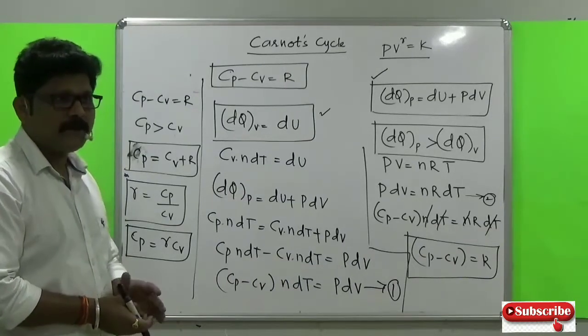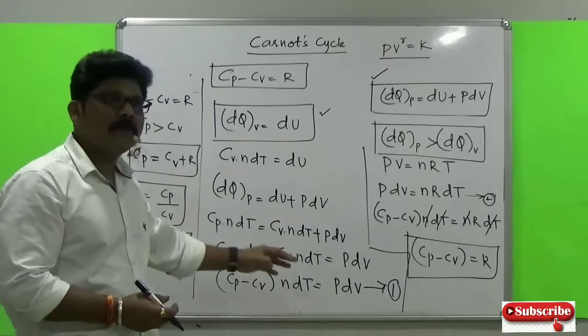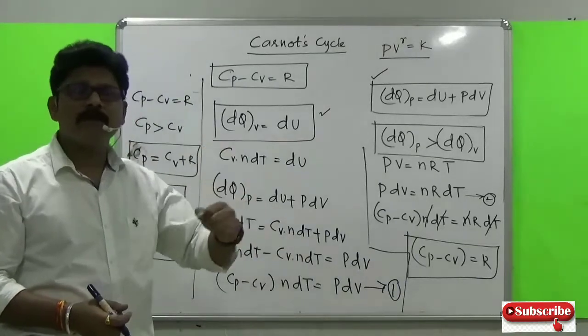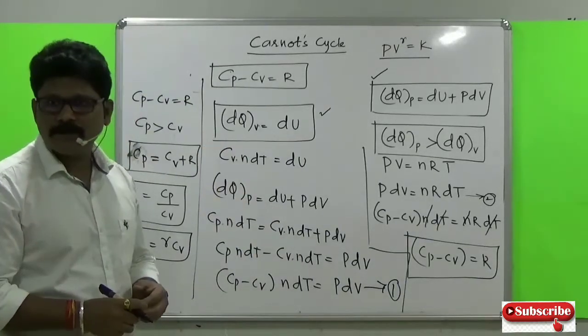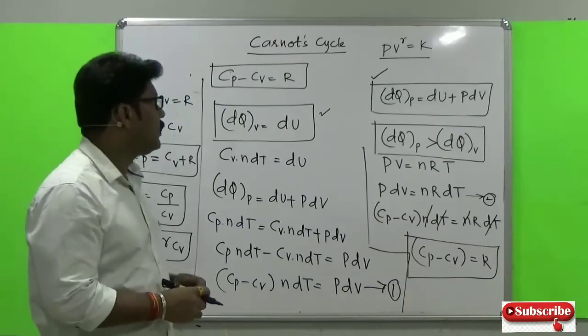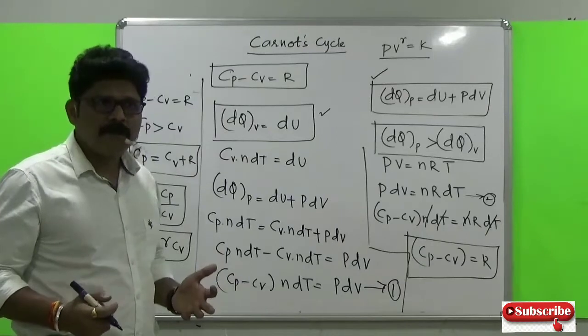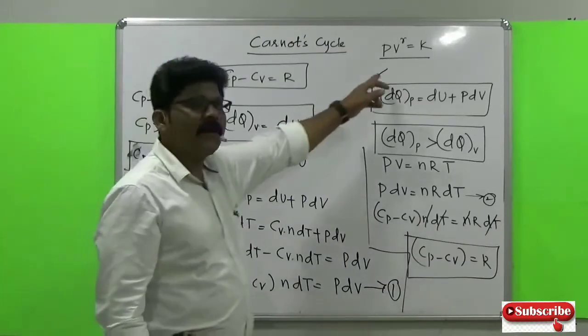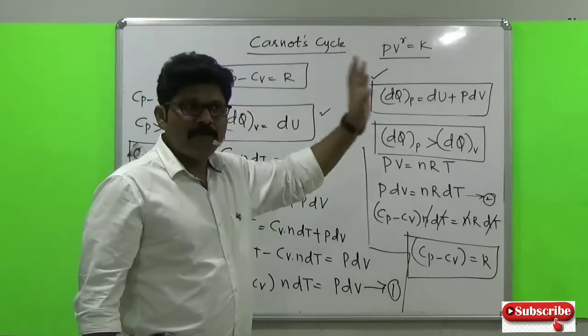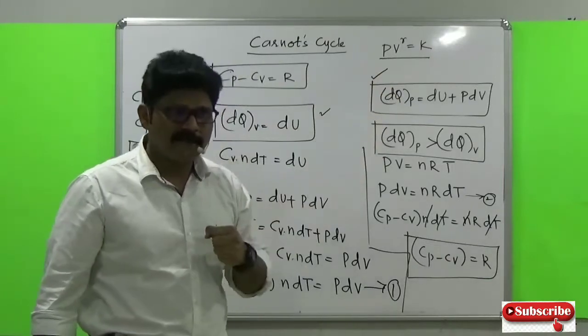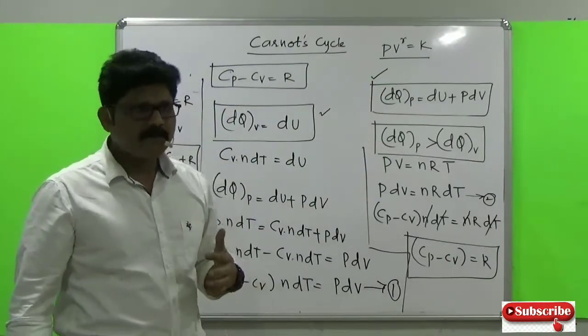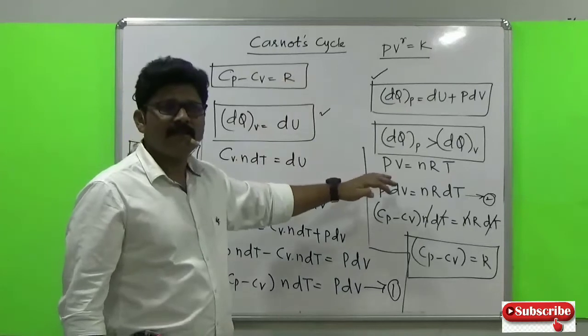अब मैं क्या बोल रहा हूँ? एडियोबैटिक प्रोसेस। तो ये पूरा कैसे सीख रहे हम लोग? To calculate work done in adiabatic process, our first assumption is PV power gamma is equal to constant. So first we will do the derivation for that one.